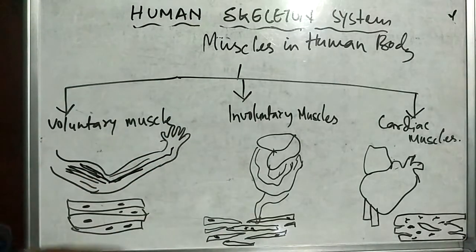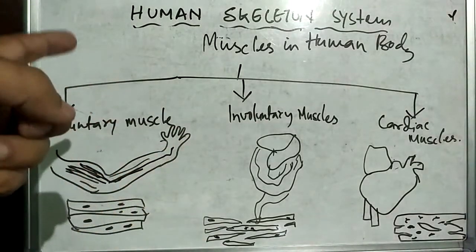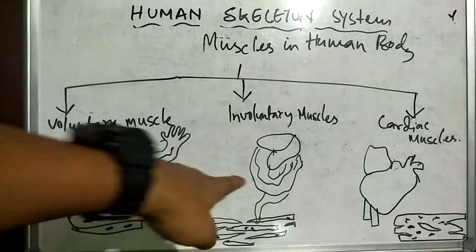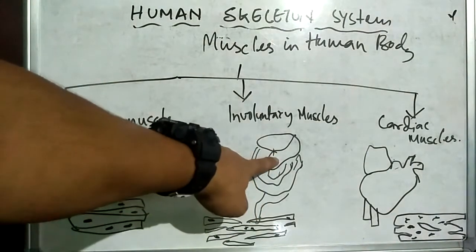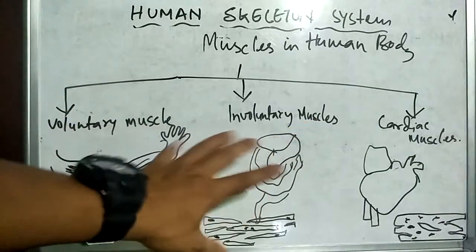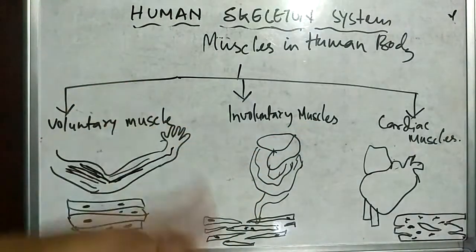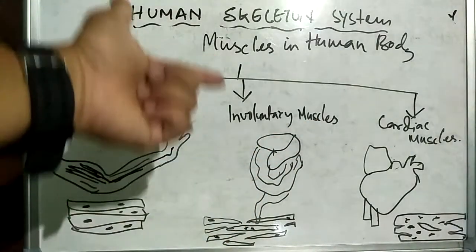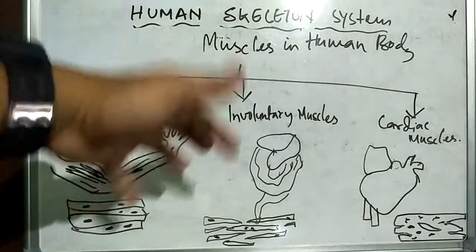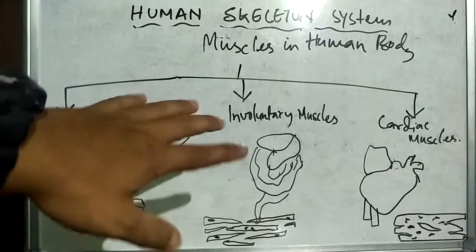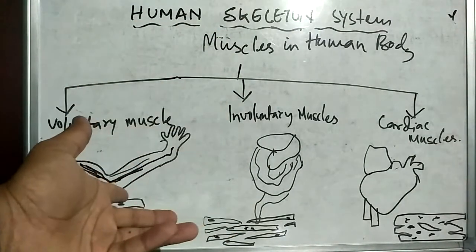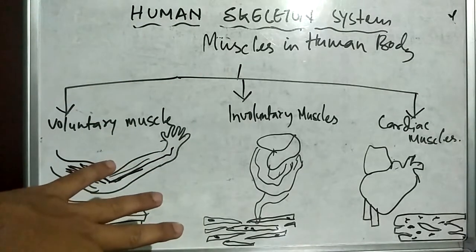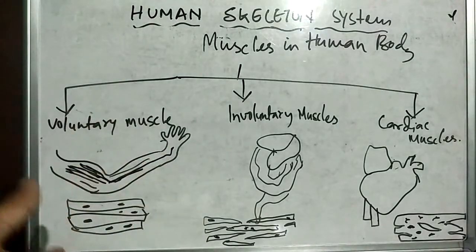Okay, for example, the muscles of the stomach, so this is your stomach. The muscles of the stomach are not under our control, they are controlled by the brain and the spinal cord. You can see the brain is there, controlling the stomach to digest the food, and when we feel hungry, when digestion is completed, so that is called the involuntary muscles.